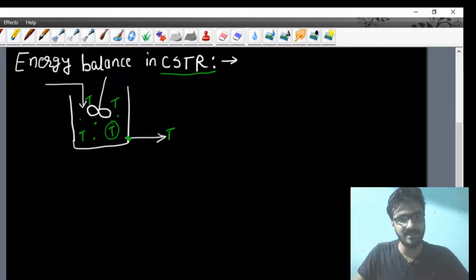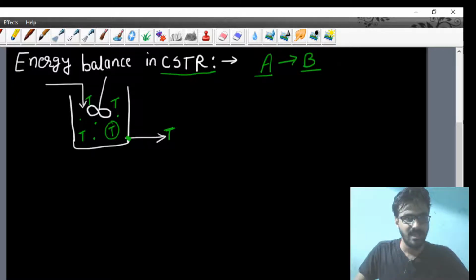Let's suppose the reaction taking place inside the continuous stirred tank reactor is A getting converted into B, where A is the reactant and B is the product. Here the molar flow rate of A at the inlet is F A naught, I am assuming it, and it is going into the reactor at a temperature of T naught.